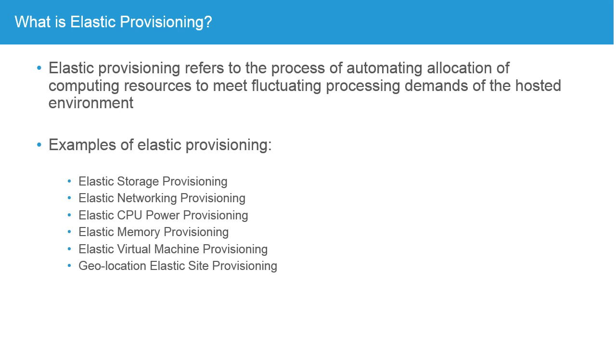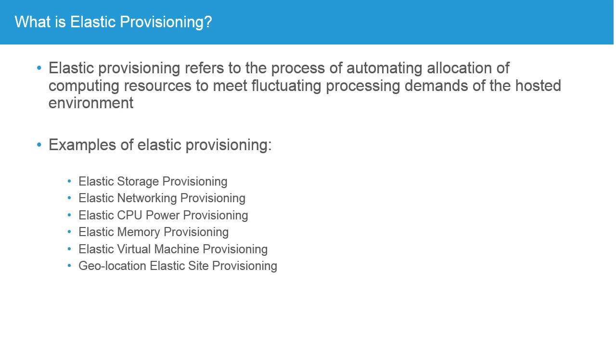Now, that's a big mouthful of a definition, but it basically means that, like an elastic band, your computing resources can stretch when you need them to go further and can shrink back when you don't. Many things can be provisioned in an elastic way.